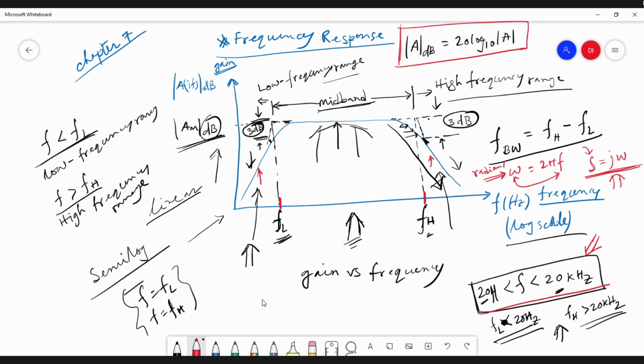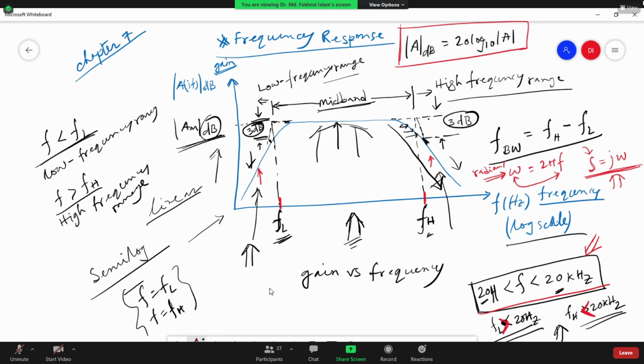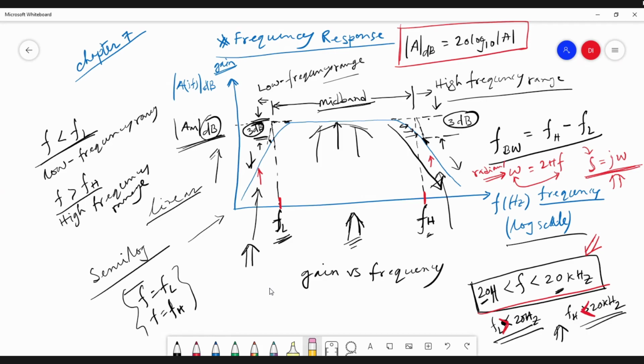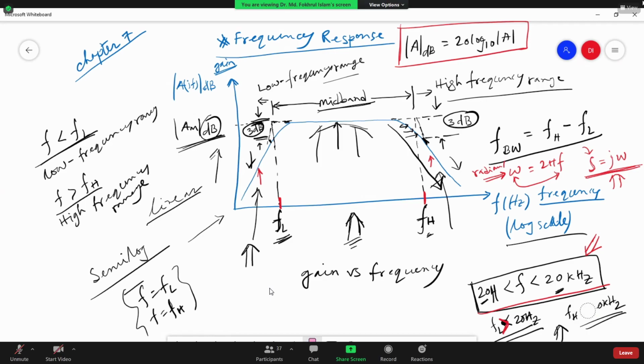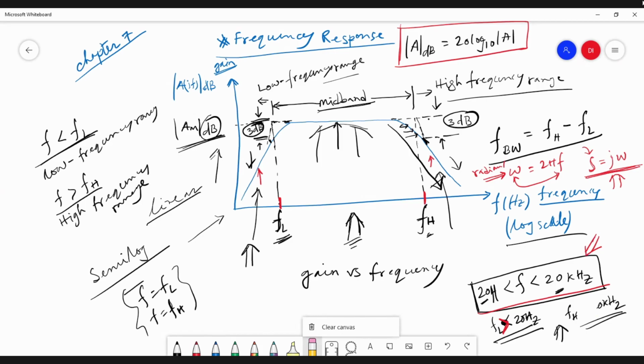I made a mistake. I think this one will be this one, and this one will be this. The previous one was okay.